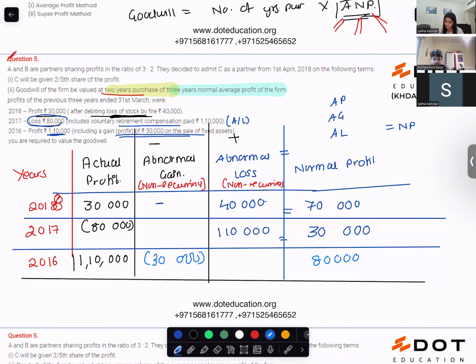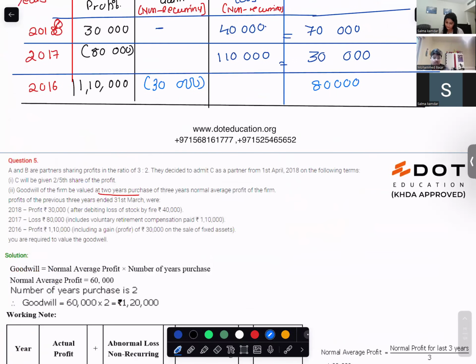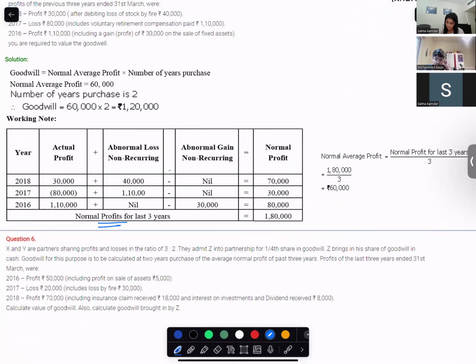Your normal profit for 3 years is how much? Okay, 3 years, 180,000. So goodwill will be average normal profit into number of years purchase. What is your average normal profit?